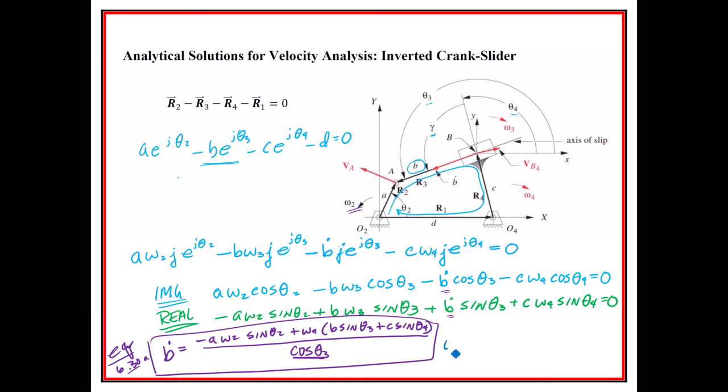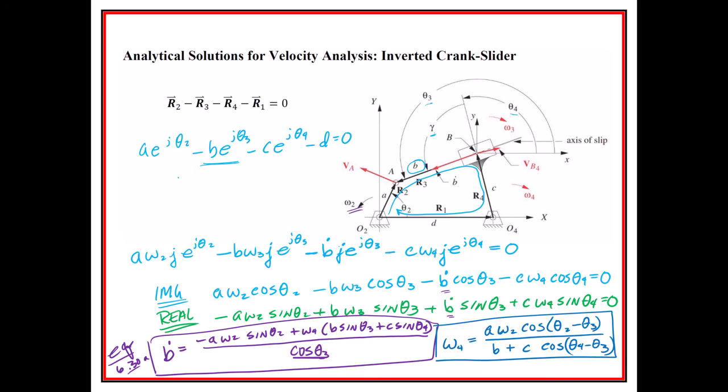What we're left with, after applying some trig identities, is ω4 equals A ω2 cosine of (θ2 minus θ3) divided by B plus C cosine of (θ4 minus θ3). So now, if we have ω2 as an input, we're able to get ω4.